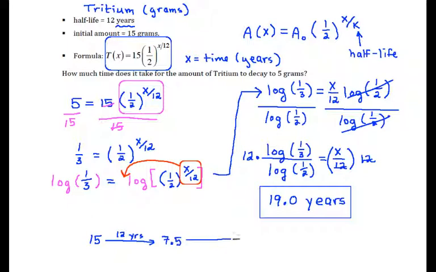After another 12 years, we expect to have half of that amount, which is now down to 3.75 grams. The amount that we're looking for the tritium to decrease to, which is 5 grams, is somewhere between the 7.5 and the 3.75. And note that the 19 years is also somewhere between 12 and 24 years. So it does at least look like it's bounded between the appropriate two numbers.